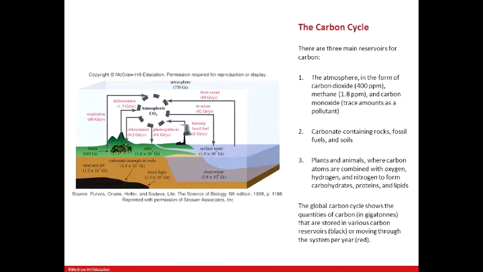And then you have carbonaceous rock, 10 to the 7, and fossil fuels, 10 to the 7. So here you have a really huge amount that's right in between here, fossil fuels and carbonated minerals in rocks, and the sand and silt itself. So this is really huge.